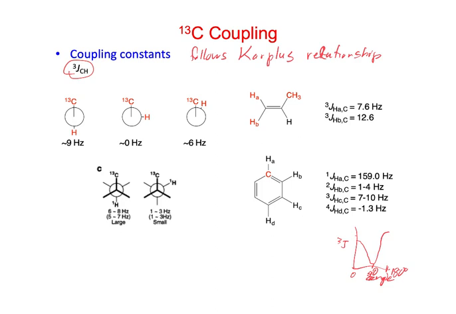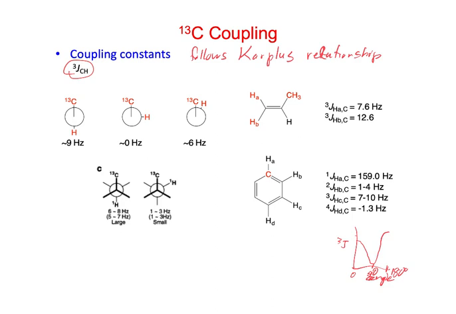Right, so the coupling constants were larger when those atoms were in the same plane, so there's better orbital overlap. Bigger when they're anti, still bigger but less when they're at 0 degrees.